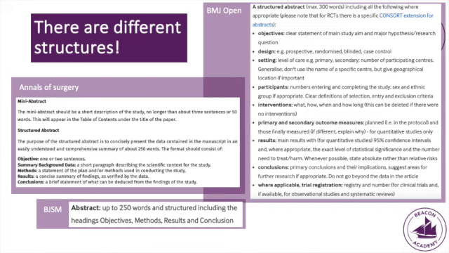The Annals of Surgery give you an example of a structured abstract with 1 or 2 sentences for an objective, a summary, methods, results, and conclusions. However, you'll notice above there's also the mini abstracts, which does not give you a suggested structure to be using. And the British Journal of Sports Medicine uses a structured abstract of 250 words and gives you vague headings of objective, methods, results, and conclusions.